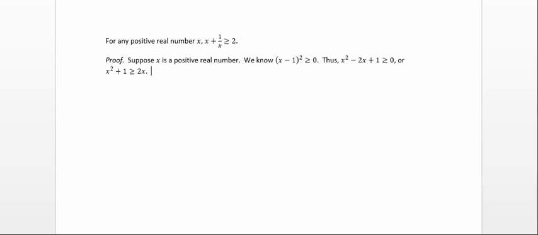And now I think my step was to divide by x, right? So let me say, since x is positive, dividing by x gives, so then we'll have x plus 1 over x greater than or equal to 2. Okay, and that was our conclusion.